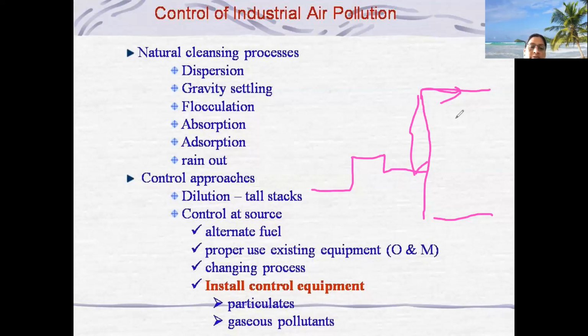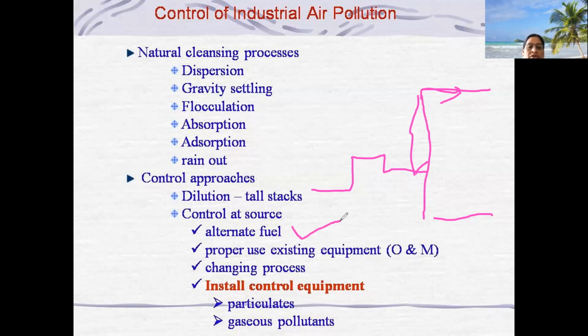Then control at source, as I mentioned, should be done at the source. What are the different ways to control pollution at the source? You can use an alternate fuel source.